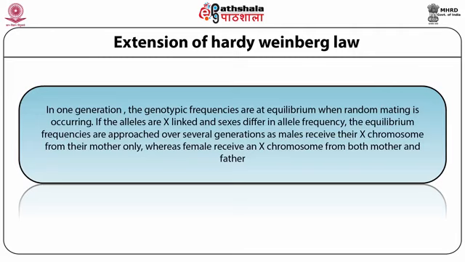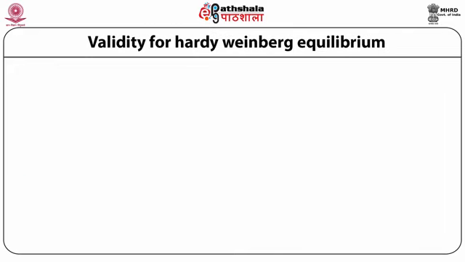By this, we can see that we can apply the Hardy-Weinberg law not only to genes located on autosomes or genes having only 2 alleles, but also to the sex chromosomes and to genes which have more than 2 alleles. Now let's apply Hardy-Weinberg equilibrium using an example.